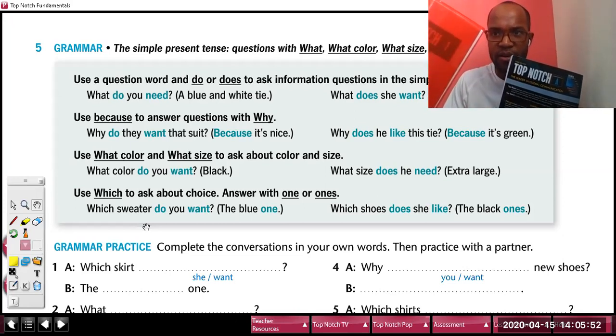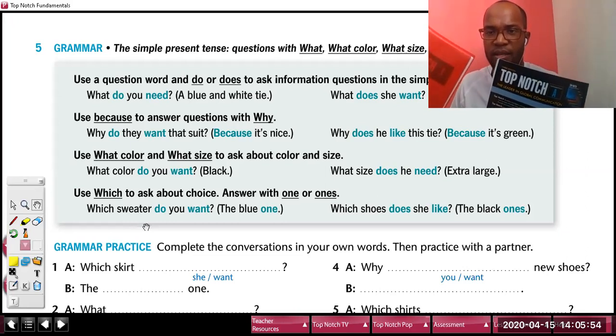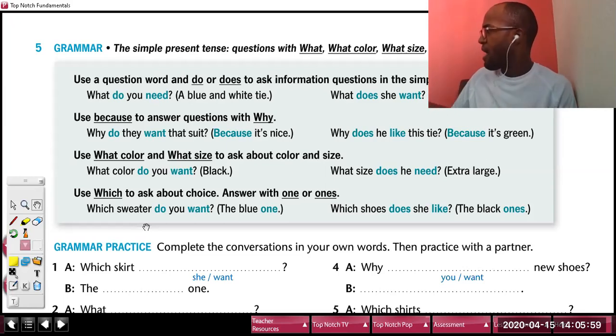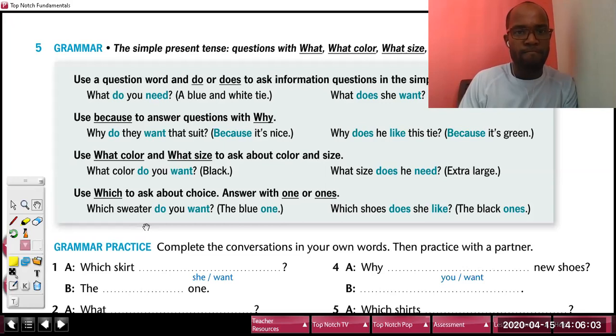The red one or the black one? You say the black one, right? It is used to ask for choices, right? Which shoes does she like? The black ones or the blue ones, right?